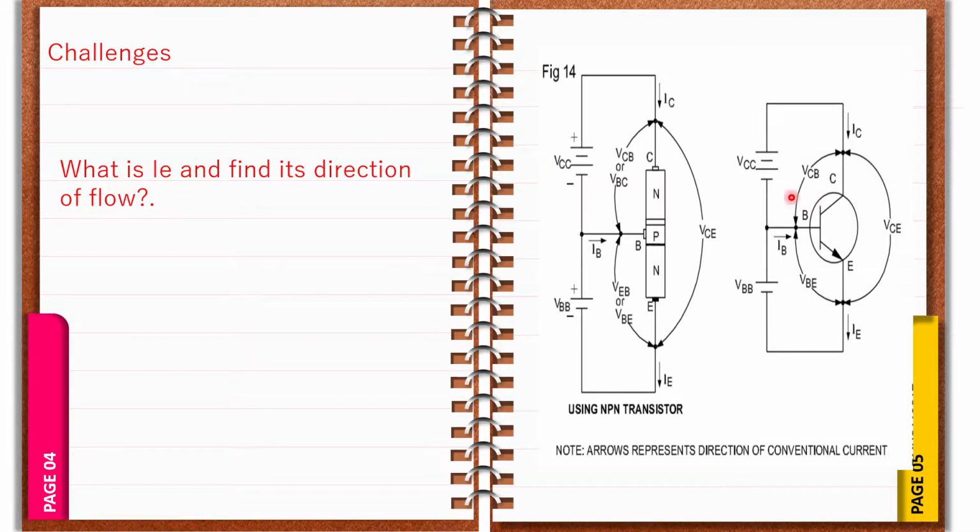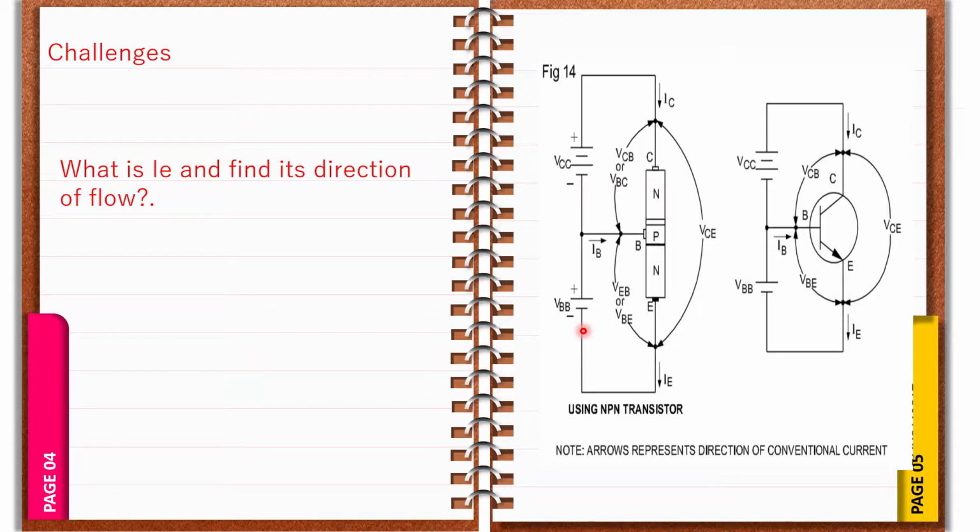Next, what is IE? IE means emitter current. Emitter current comes from the emitter region and enters into the VBB minus.